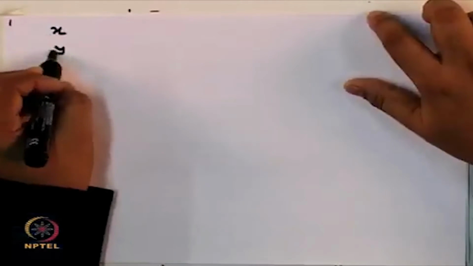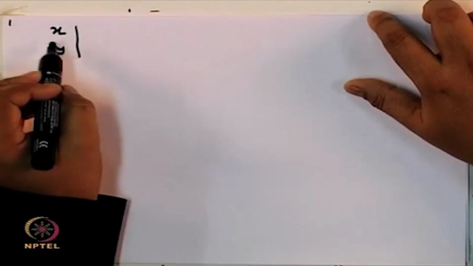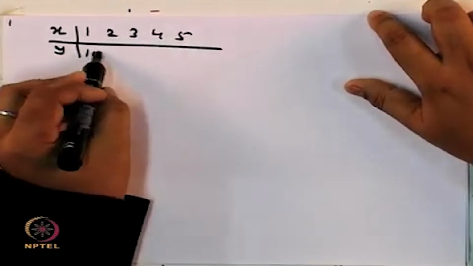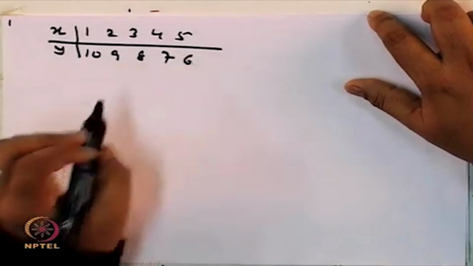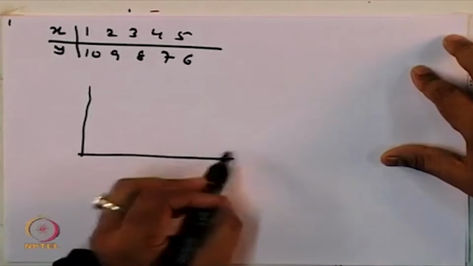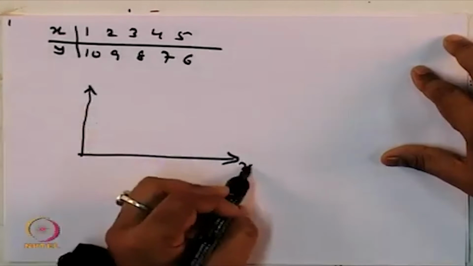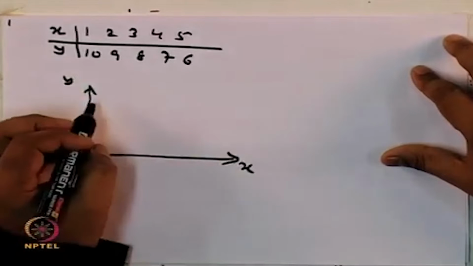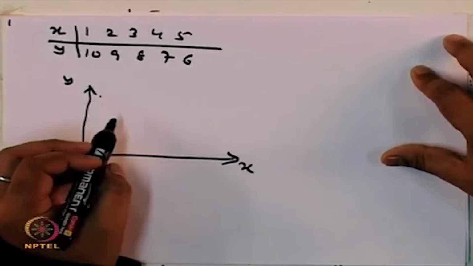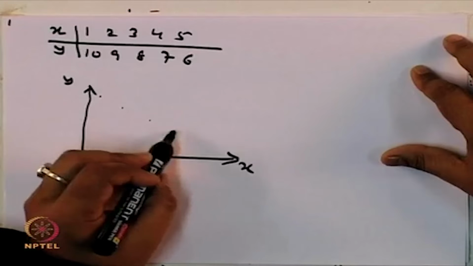Let us say we have two variables x and y, and we can have various values, let us say 1, 2, 3, 4, 5 and 10, 9, 8, 7, 6. Let us say this is one example of an x and y. If we plot this data in the x and y plot, this is 1 and 10, 2 and 9.